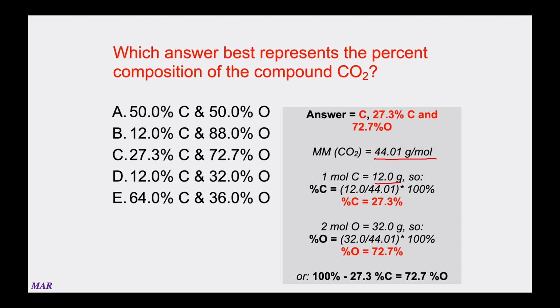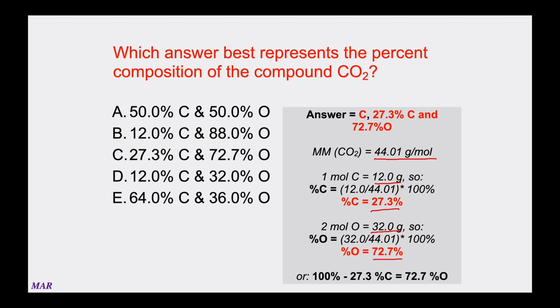So 12.0 divided by 44.01 comes out to be 27.3%. 2 moles of oxygen, 2 times 16 is 32. So you do the same kind of thing right there. Percent oxygen, 72.7%. And if you've done this correctly, the 2 percentages together should equal 100%. So 72.7 plus 27.3 looks pretty awfully close to 100%.